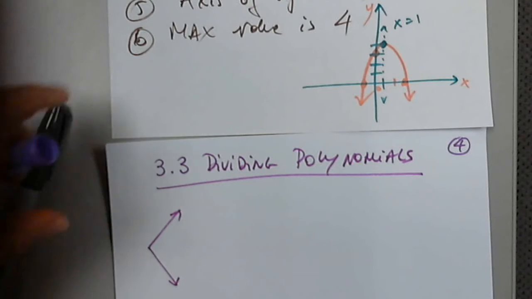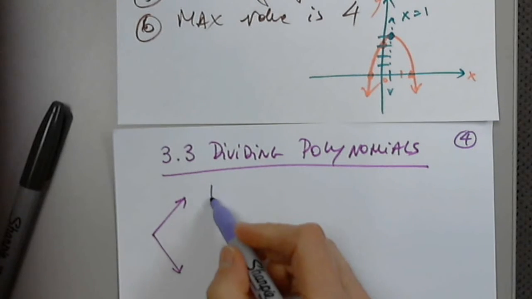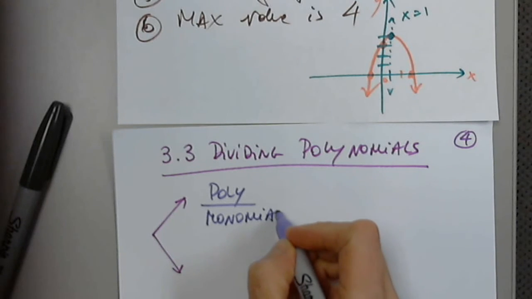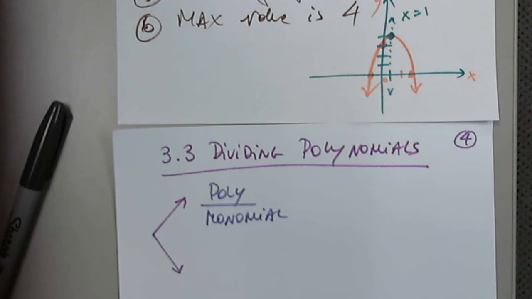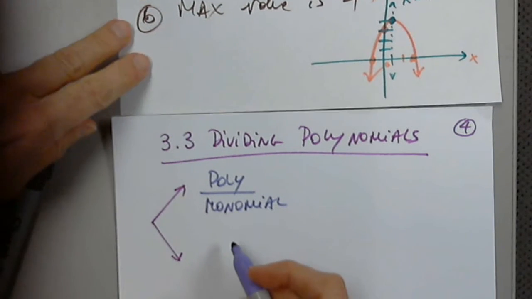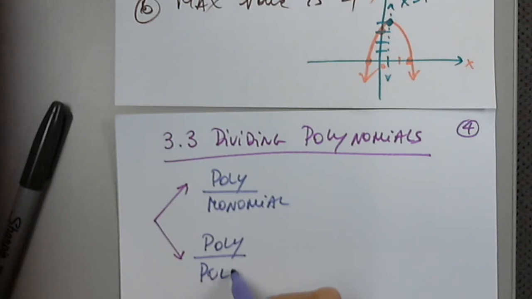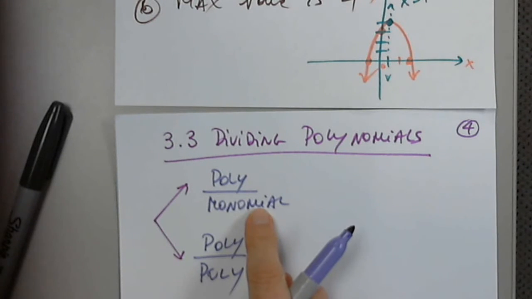It's the simplest of all. We can have a polynomial divided by a monomial, meaning just one term. The other possibility, which is more complex, is a polynomial divided by another polynomial, not a monomial, so two or more terms.